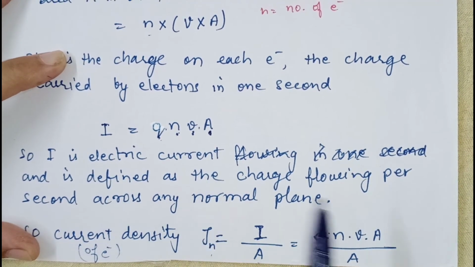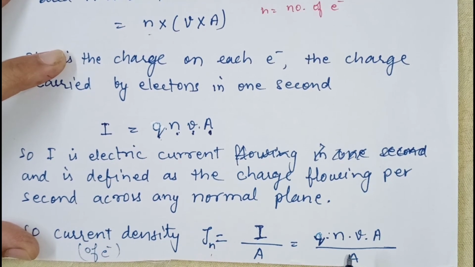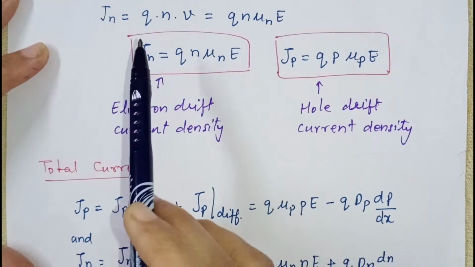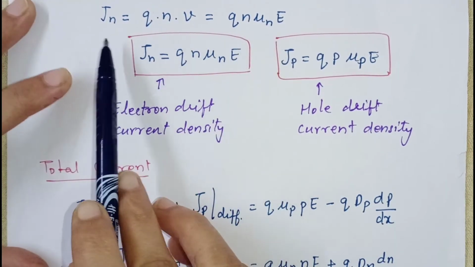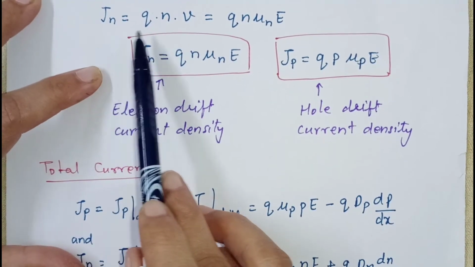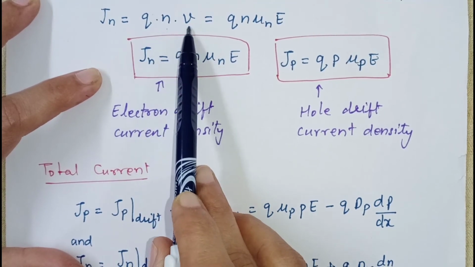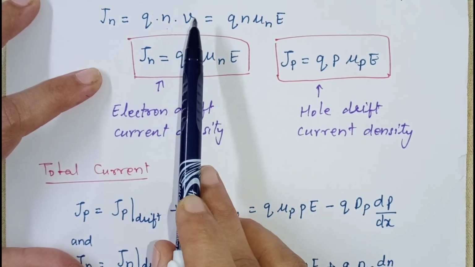So we can define the current as charge flowing per second across any normal plane. So current density of electrons will be current upon that cross-sectional area. So current density of electrons in case of drift will be charge on n number of electrons moving with drift velocity v.